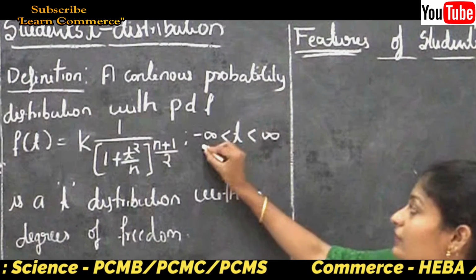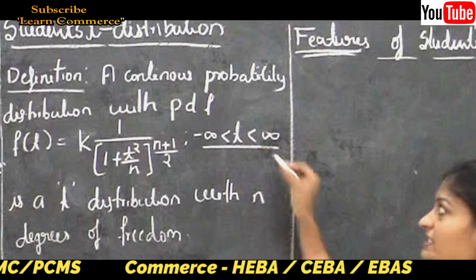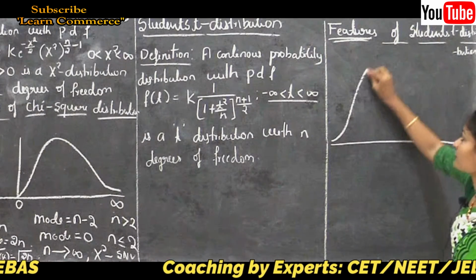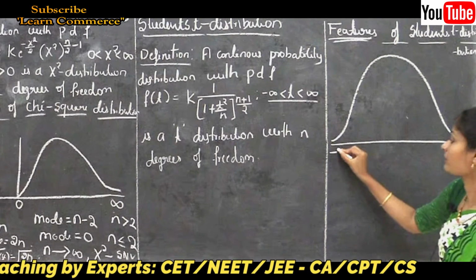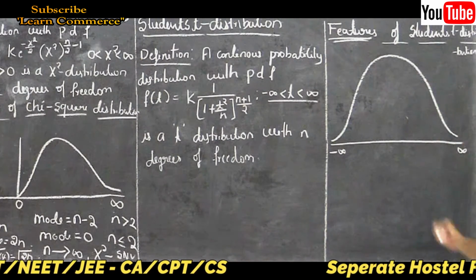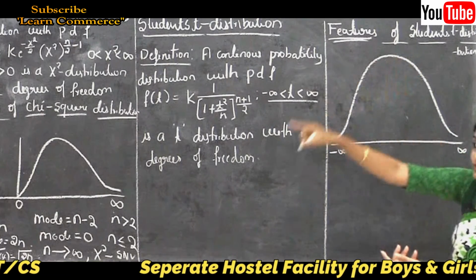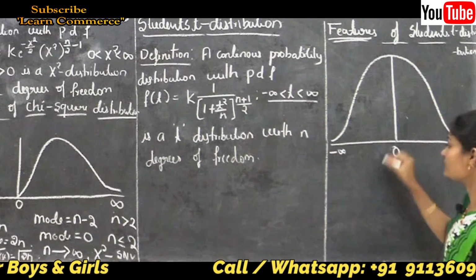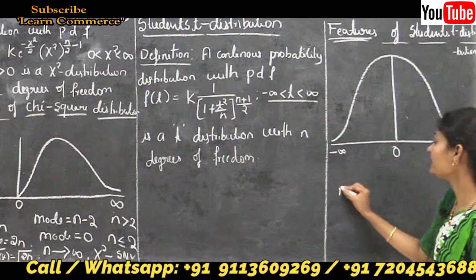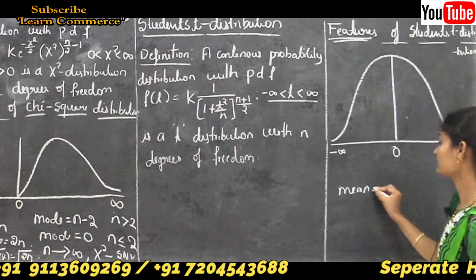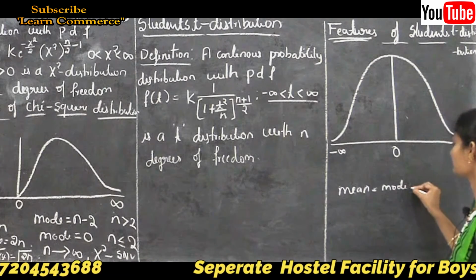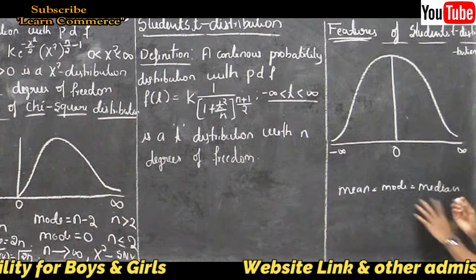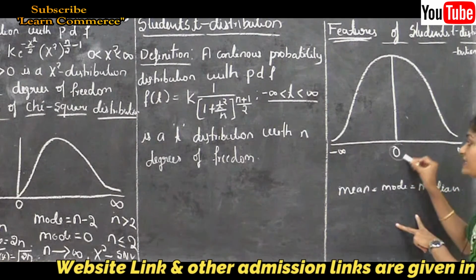See here the t curve is from minus infinity to plus infinity, that is like this. And we know that standard normal distribution is symmetric about 0. Here also this is symmetric about 0, and here mean, median, mode are equal, and we know that here mean is 0.